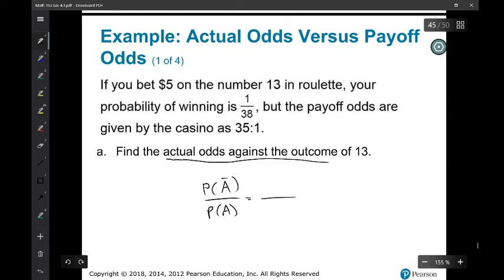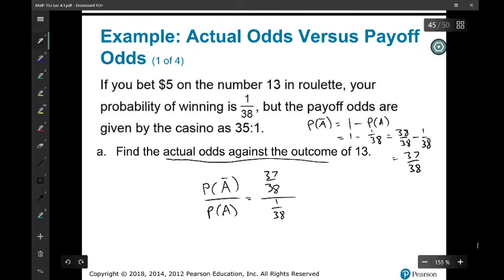So your probability of winning is 1 over 38. The complement, probability of not winning, would be 1 minus probability of winning, or 1 minus 1 over 38, which is, you could turn this 1 into 38 over 38 minus 1 over 38, so 37 over 38.